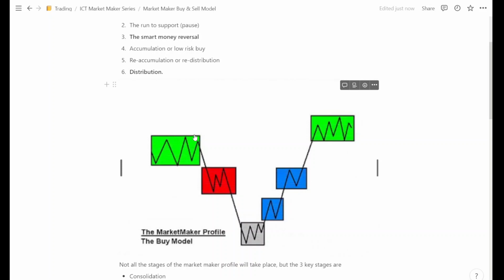Instead of taking out this high, it will completely reverse and take out this low, especially when we're in a very bearish market. This reaccumulation stage will turn into distribution and then reverse and come back down to take out this low. I think those are the important details you need to understand about this model.